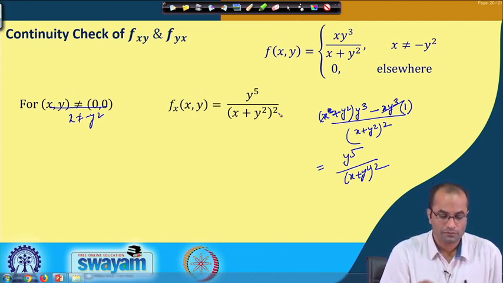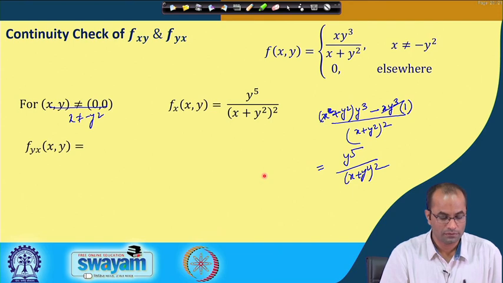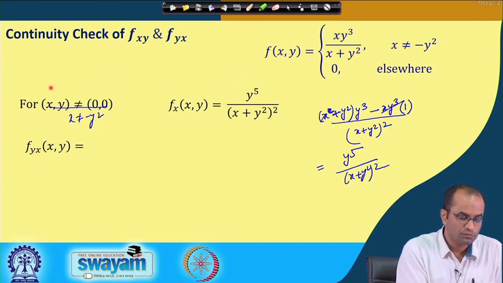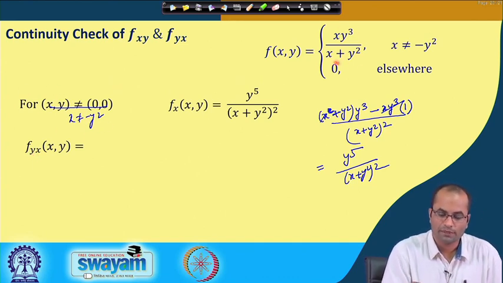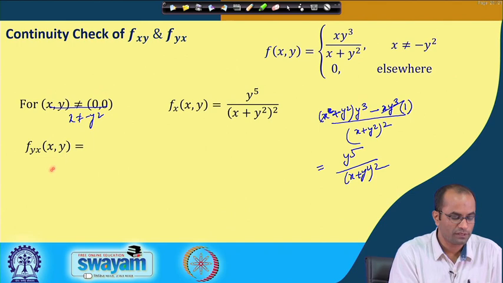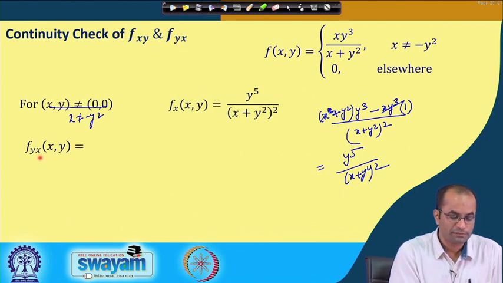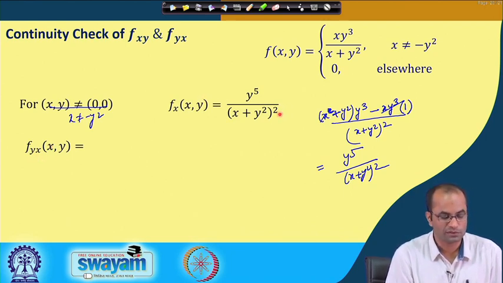And now, if we compute again the partial derivative of this with respect to y for those points where we do not have any problem, when x is not equal to minus y square. So, now we will again differentiate this function with respect to y, keeping x constant. So, doing exactly what we have done there.